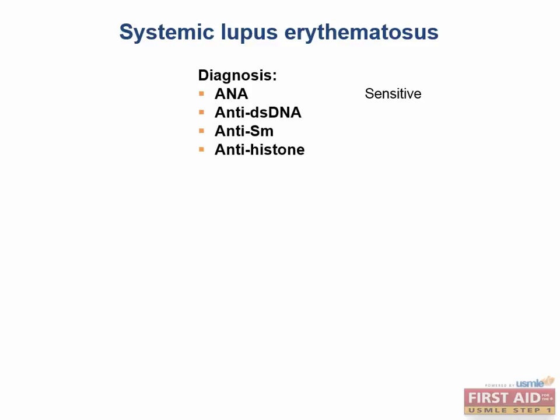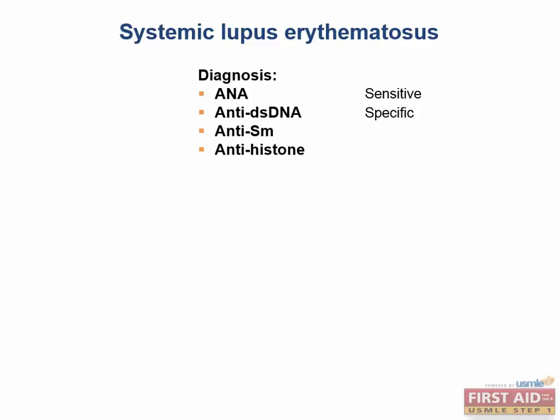The second antibody, anti-double-stranded DNA, is a much more specific indicator, and usually indicates severe disease. Do you recall from biostats the order in which you'd want to get these 2 tests? Good. The sensitive one first, followed by the specific one, so ANA followed by double-stranded DNA.